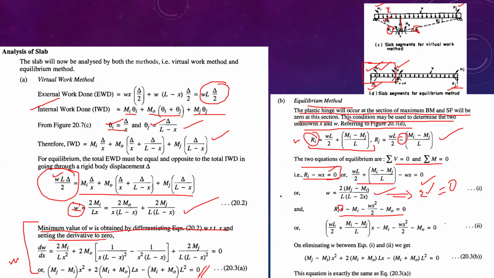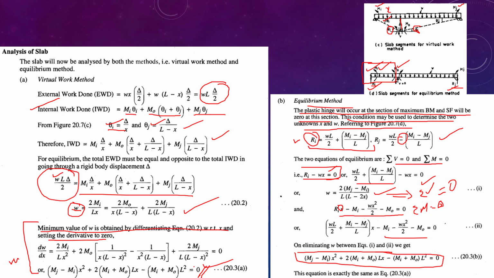So sigma M equal to 0 is used here. By solving this equation and putting in the value of W, we will get equations similar to what we got for the virtual work method.